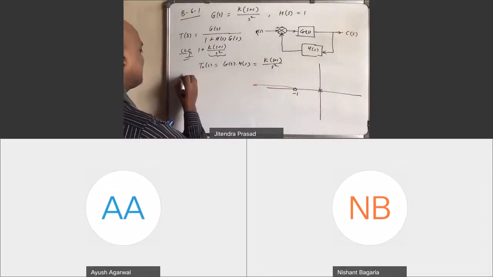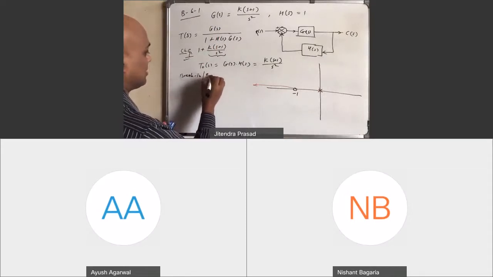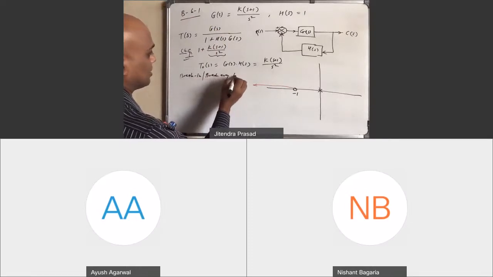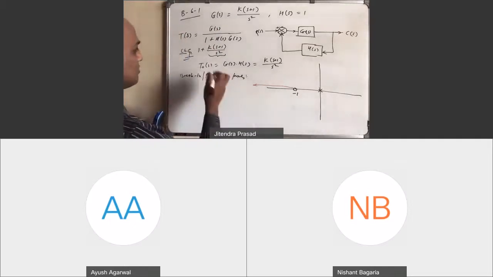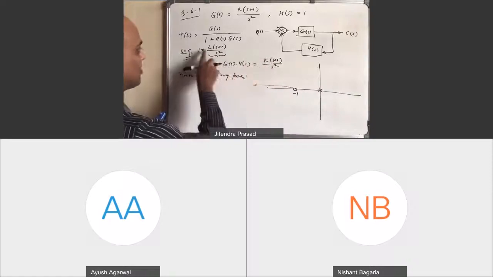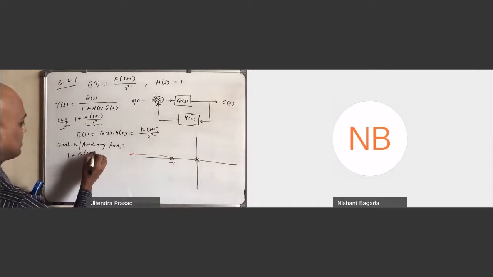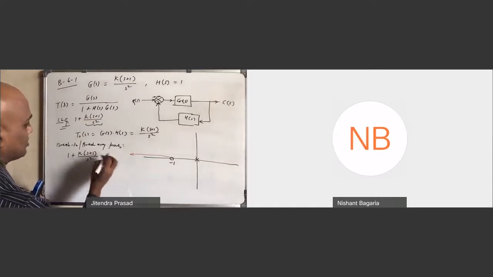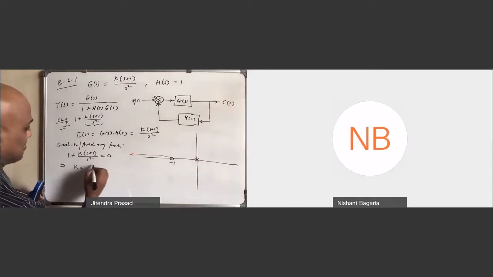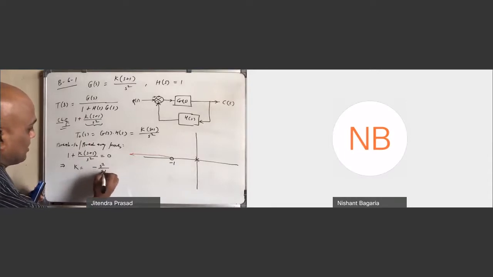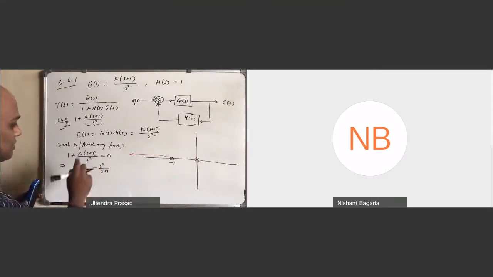That will be the next thing to do. What do we do for that? We find it from the characteristic equation, 1 plus K(s+1)/s square equal to 0, and hence you get K equal to minus s square over s plus 1. That's what you get, minus s square over s plus 1.